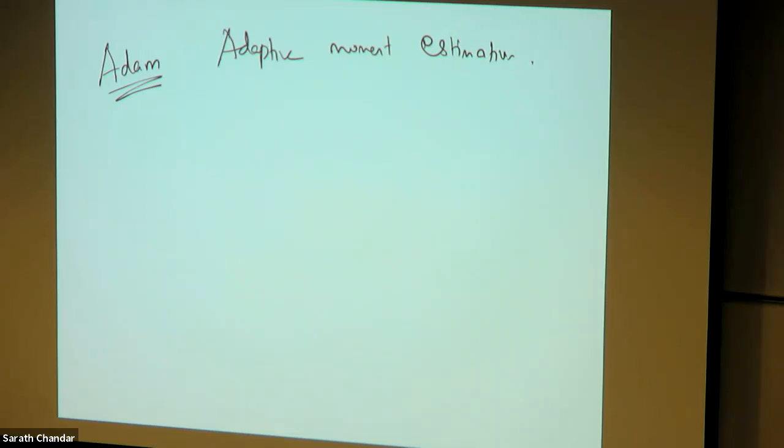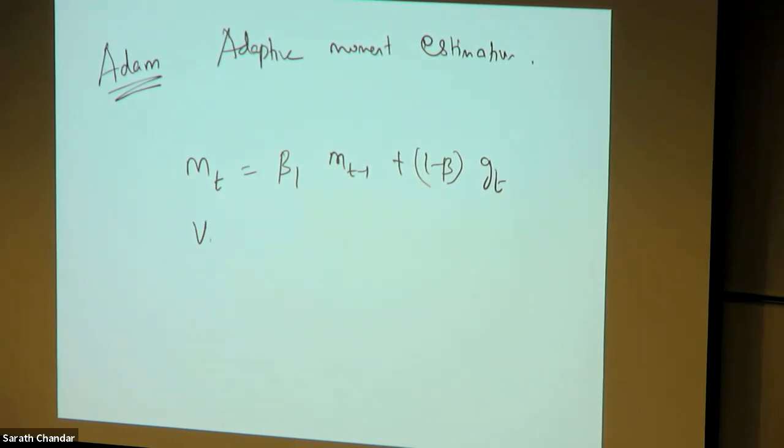We are going to maintain two vectors. The first vector is the estimate of the first order moment, so mt is going to be beta 1 times mt minus 1 plus 1 minus beta 1 times gt. We are also going to have the estimate of the second order moment, so vt is going to be beta 2 times vt minus 1 plus 1 minus beta 2 times gt square.